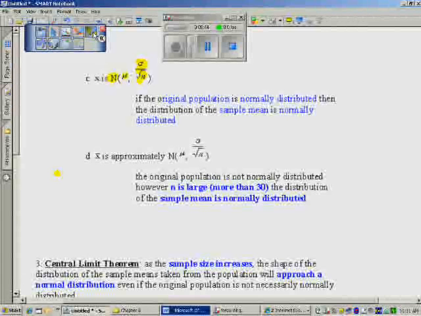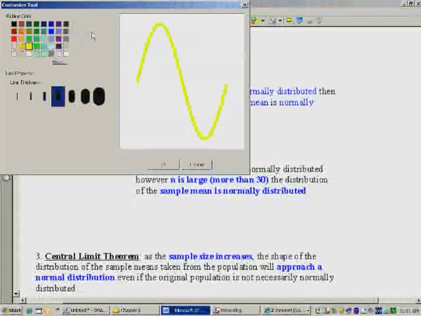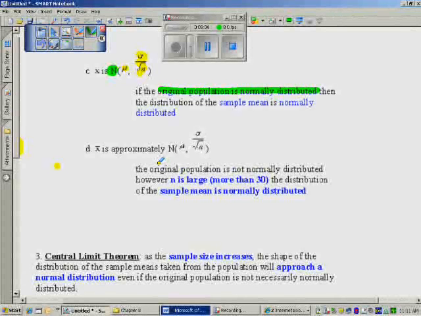So it's going to actually be a great estimate. In fact, it is going to actually be the value. And we've got two scenarios that we need to account for. And here they are. We can assume a normal distribution. If my original population is normally distributed, then my sample means are going to be normally distributed.